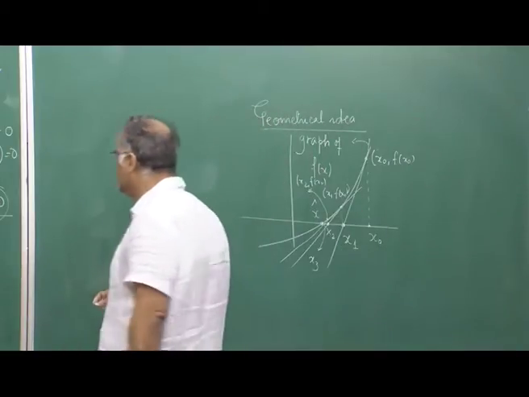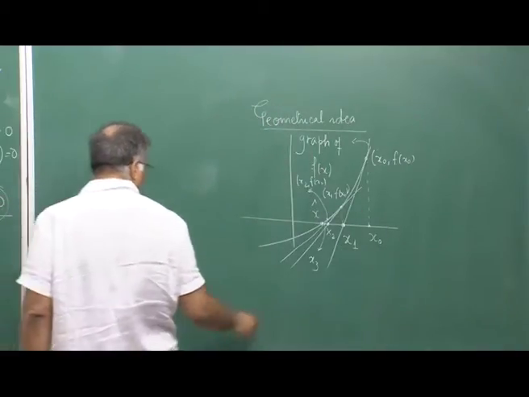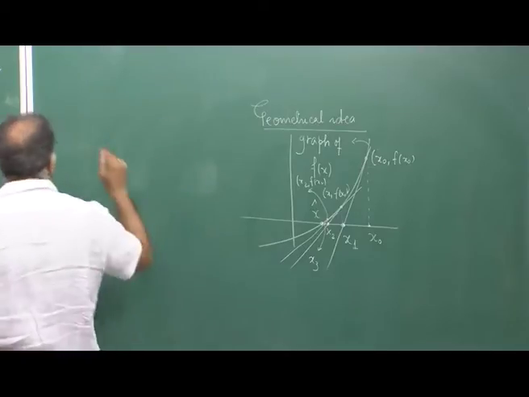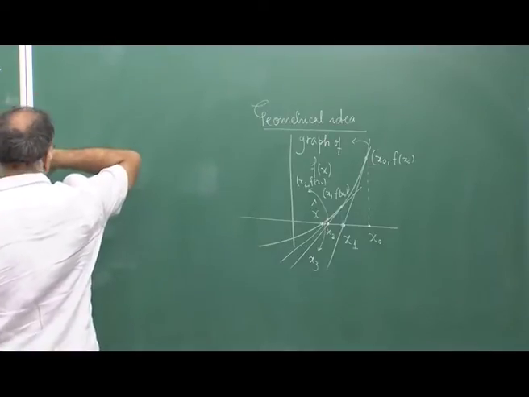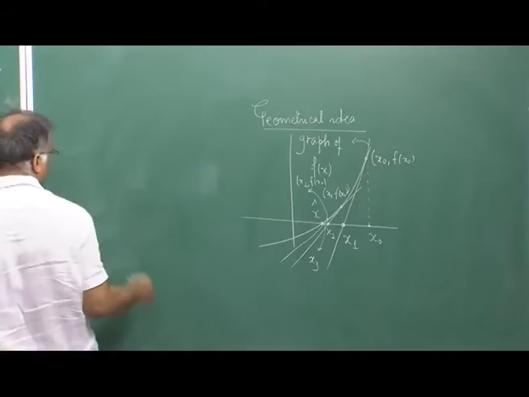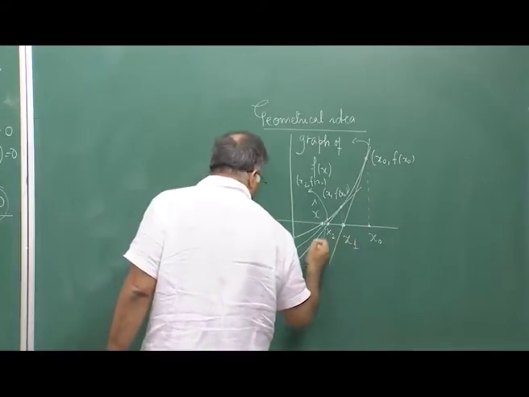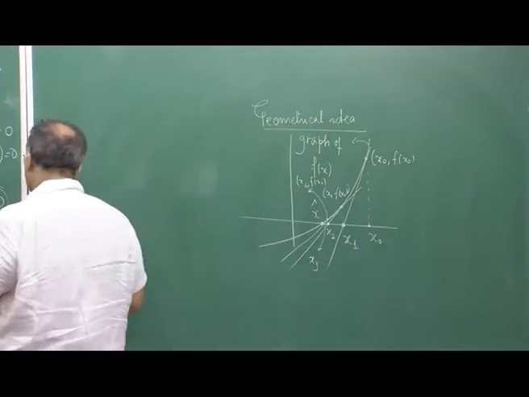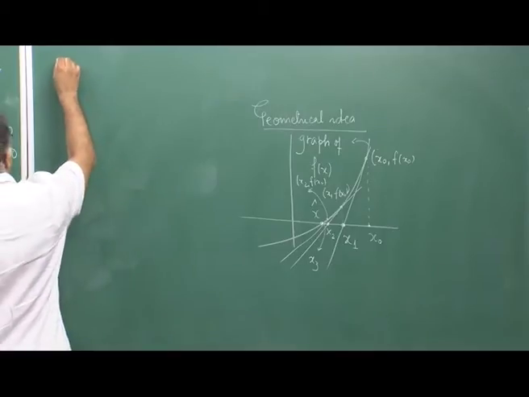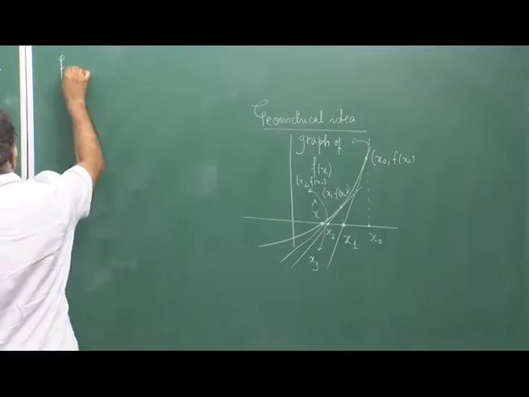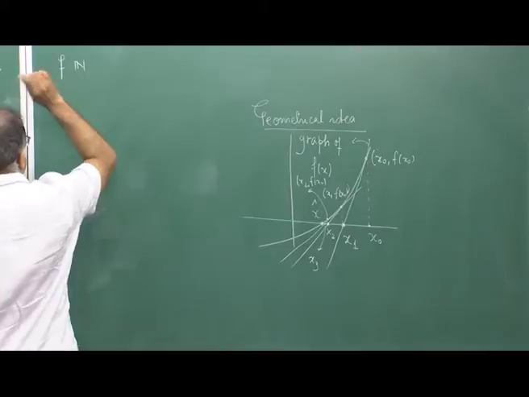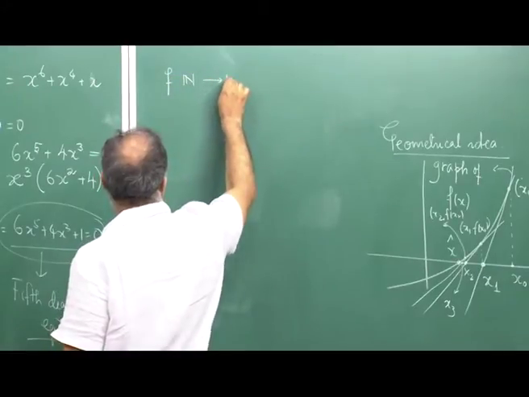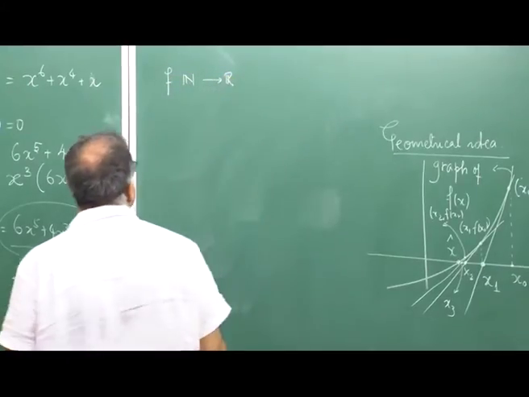So, sequences, in general, though we have started with x0, x1, x2, xn, maybe the starting point could be x1, it does not matter. If you take a function from the natural numbers N to R, this is called a sequence.